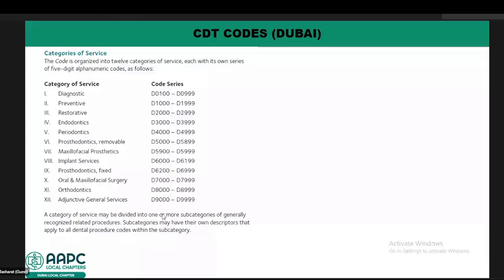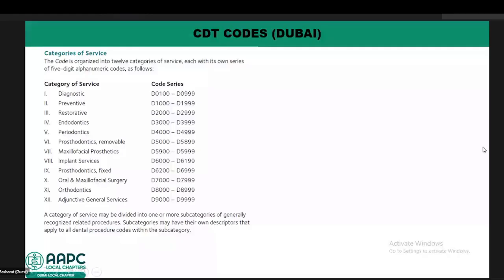See, for diagnostic we have D0100 to D0999, then for preventive 1000 to 1999. Restorative we have the 2 series, endodontic the 3 series, periodontic the 4 series, prosthodontic removable the 5 series, oral and maxillofacial surgery. So these are all according to the specialty.